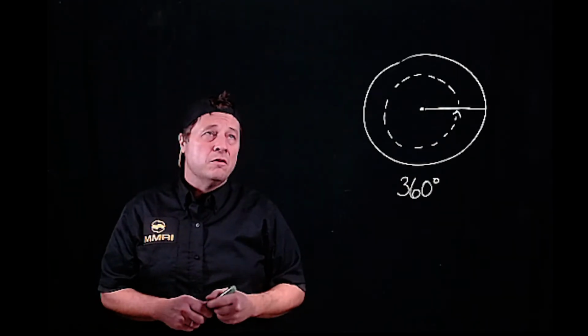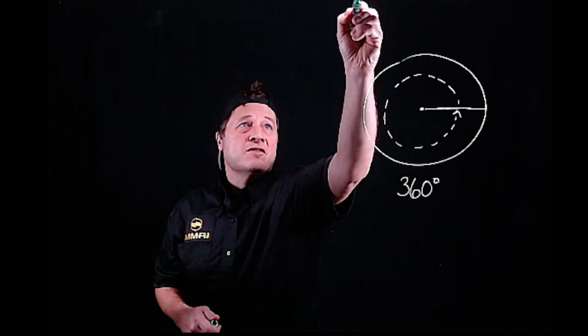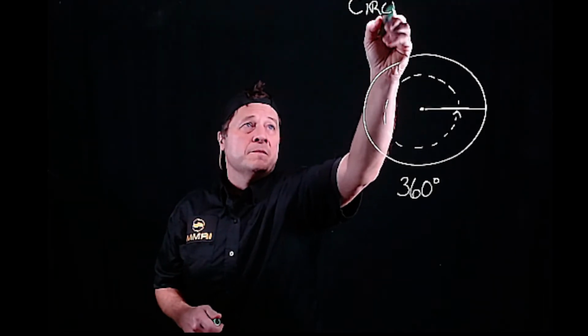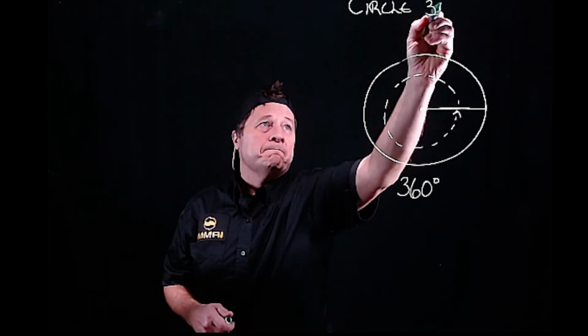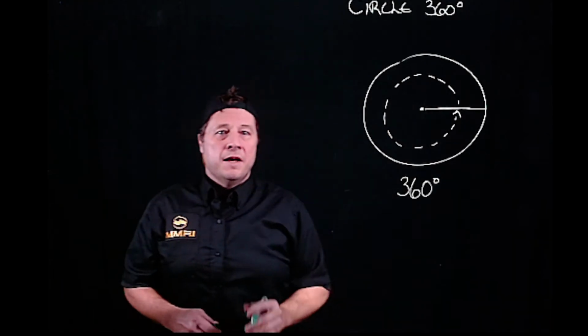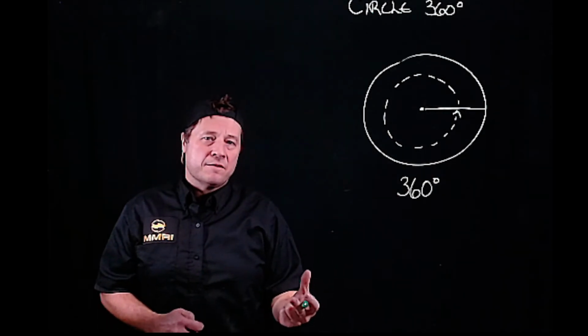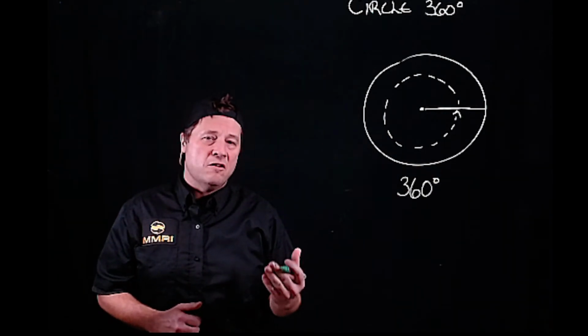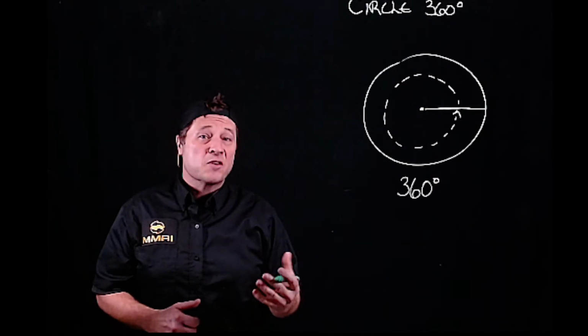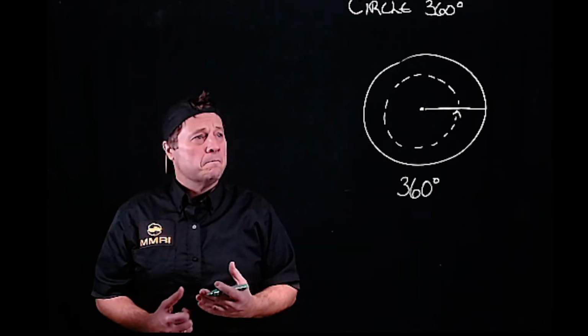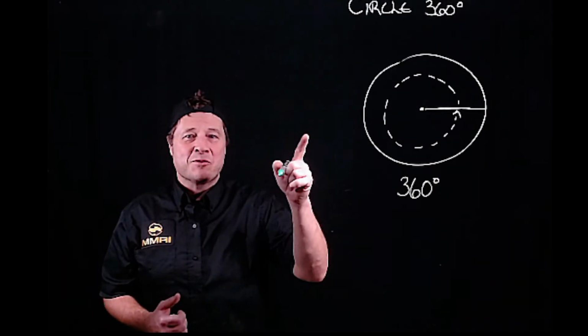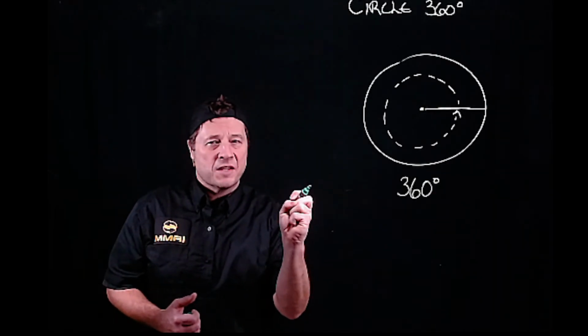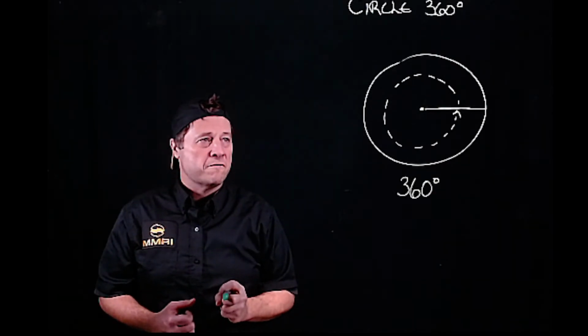So a circle has 360 degrees. We can always come back to this if we're trying to solve missing information, especially in circle math. This is an absolute, so this gives us something to start with, something to work from.